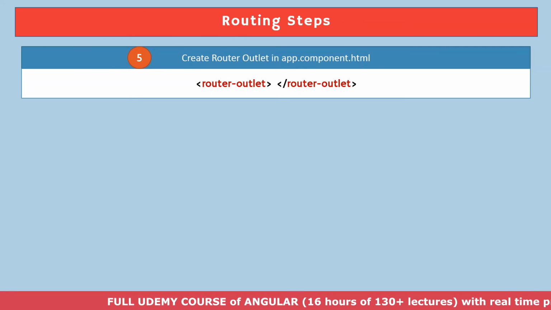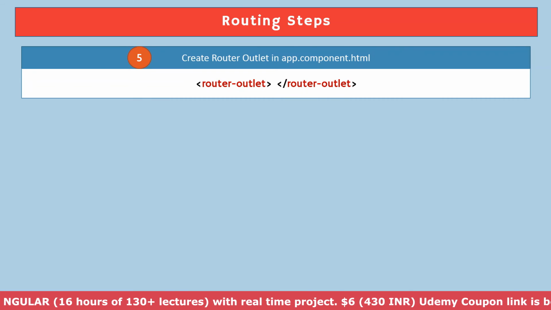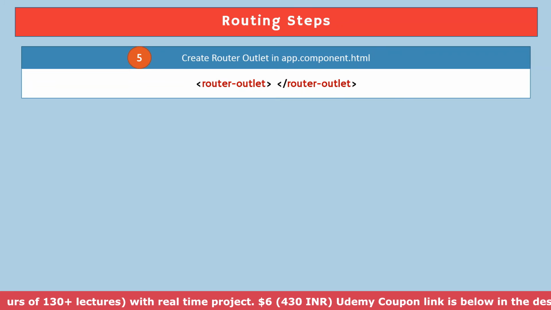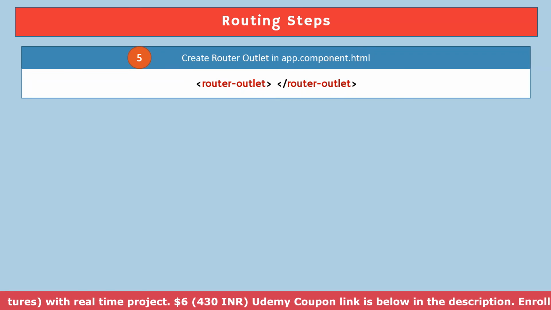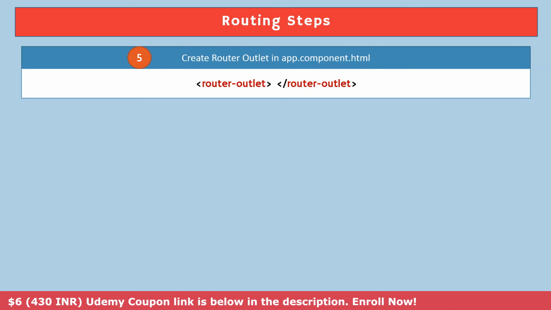Next, you require to create the router-outlet tag in app.component.html to represent the place where exactly the component's content needs to be reflected. Generally, you will add the router-outlet tag in the container-fluid of Bootstrap.